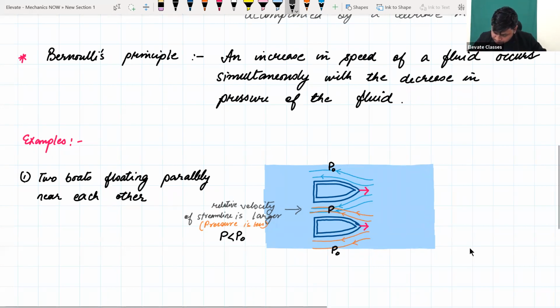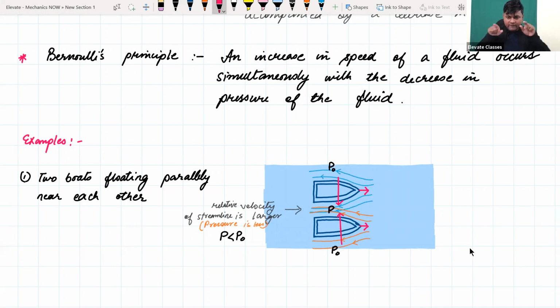Because of this region, there will be a force acting in this direction. So both the boats will experience some sort of an attraction towards each other.